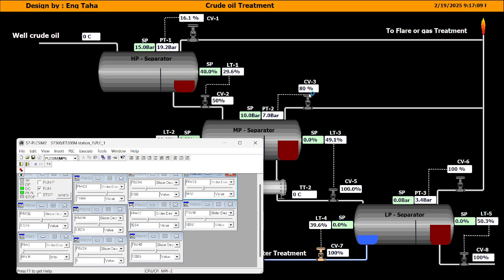Look at the valve percent open, 80%, for example, and I will increase. The opening is 100 because it's above the set point, and when I decrease it, it will decrease.